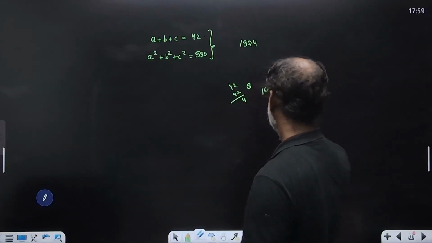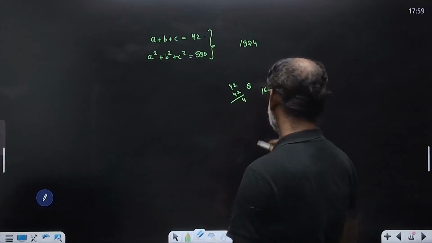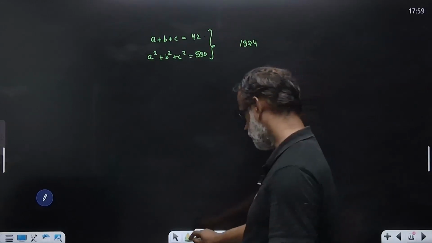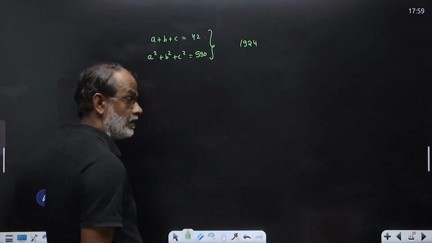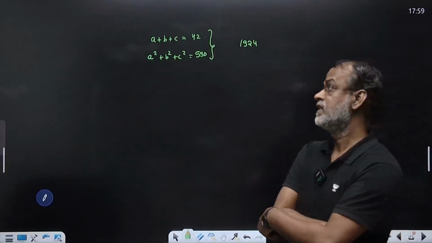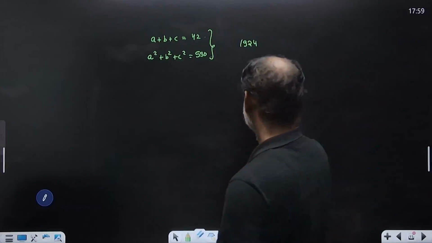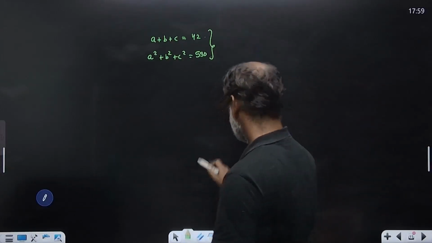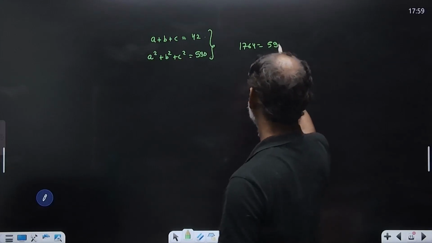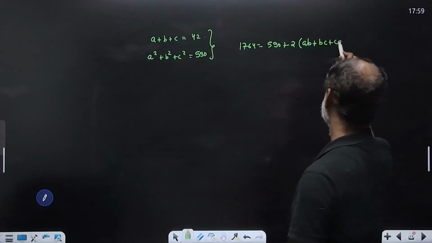Isn't it? 42 into 4, 168, 88. What is 42 square? 40, 1600, 40 into 2 into 2, 160, okay. 1600 plus 160, 1764 is 590 plus 2 times AB plus BC plus CA.